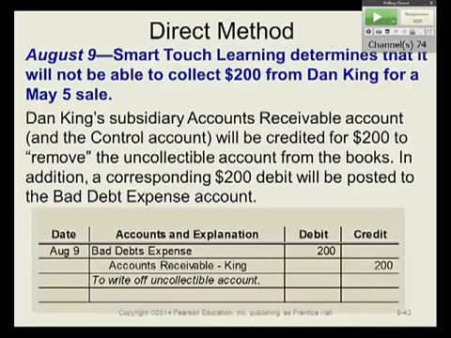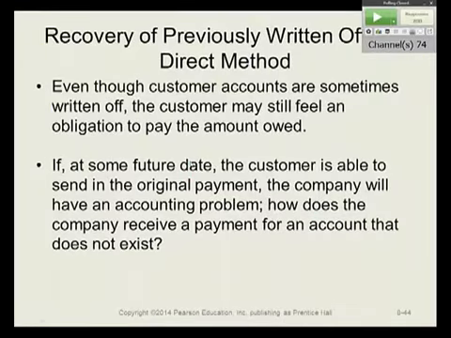So that's going to come off not only the control account, but that comes off the individual customer's account as well. So directly we write this off. And we do this only when they determine that the bad debt or the account is not going to be paid. And that's it for direct write-off. I mean, it's very simple.